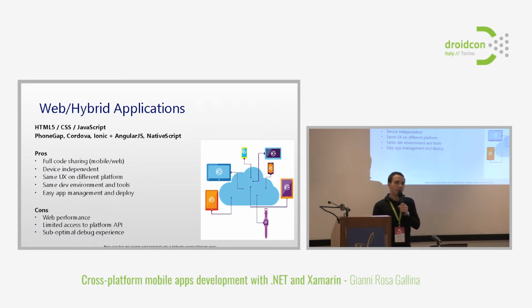We have the same user experience across the different platforms. We use the same development environment, so if we know JavaScript and its tools, we can continue to use the same tools to develop mobile applications. And it's easy to do app management and deployment, because we just deploy a website and the applications that run on different platforms become instantly updated without passing through app store reviews.